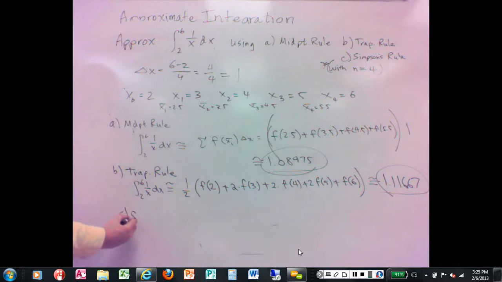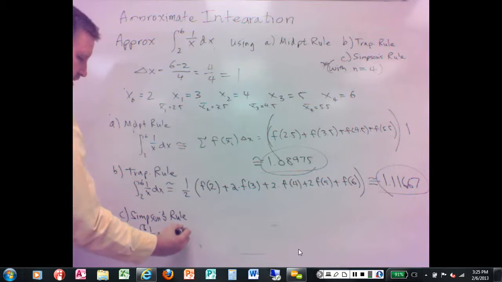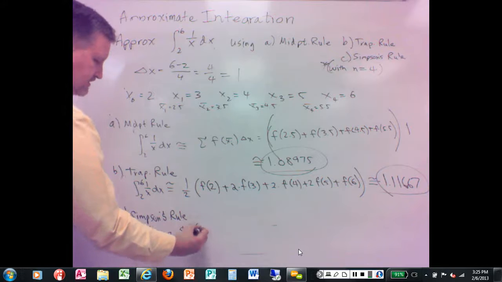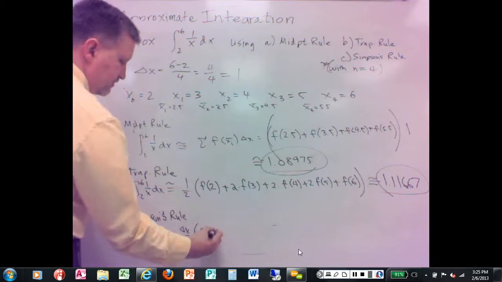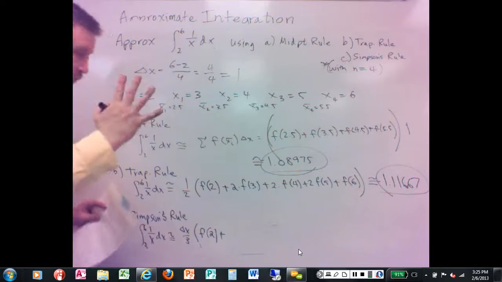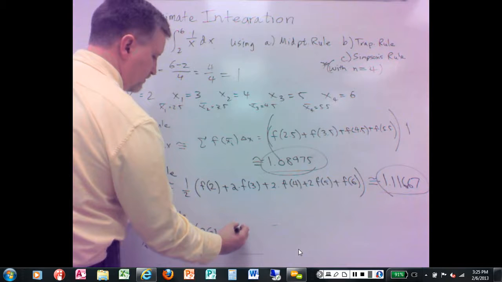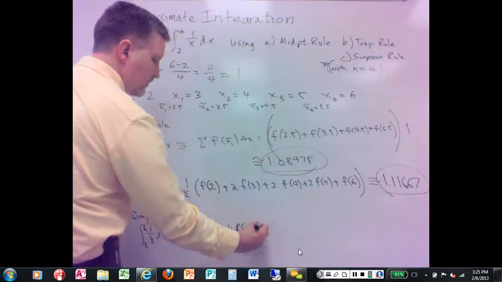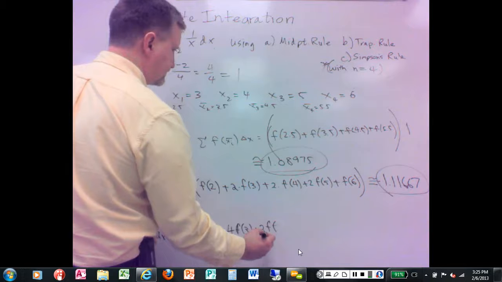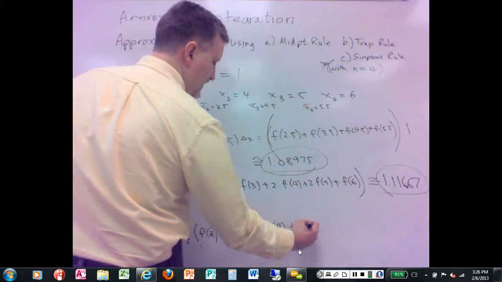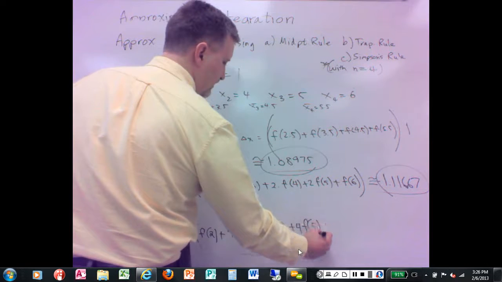And then C, Simpson's rule. The integral from a to b, 2 to 6 in this case, of 1 over x dx, is approximately equal to delta x over 3 times f of x sub 0, so it'll be f of 2, but then what? 4 f of x sub 1, 2 f of x sub 2, 4 f of x sub 3, and then we're at the end, so it's just f of 6.